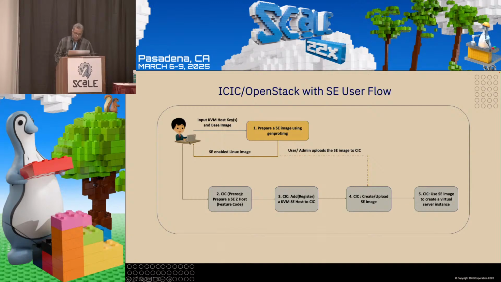Say, for example, as a customer, I would just need to input the KVM host keys and the base image that I have captured, which is used from a secure build process. This has to be done on a secure execution enabled Linux image. I build the same, and that gets deployed through ICIC for creating the specific image and then deploying it onto the virtual machine or LPAR, which is created through the OpenStack driver.